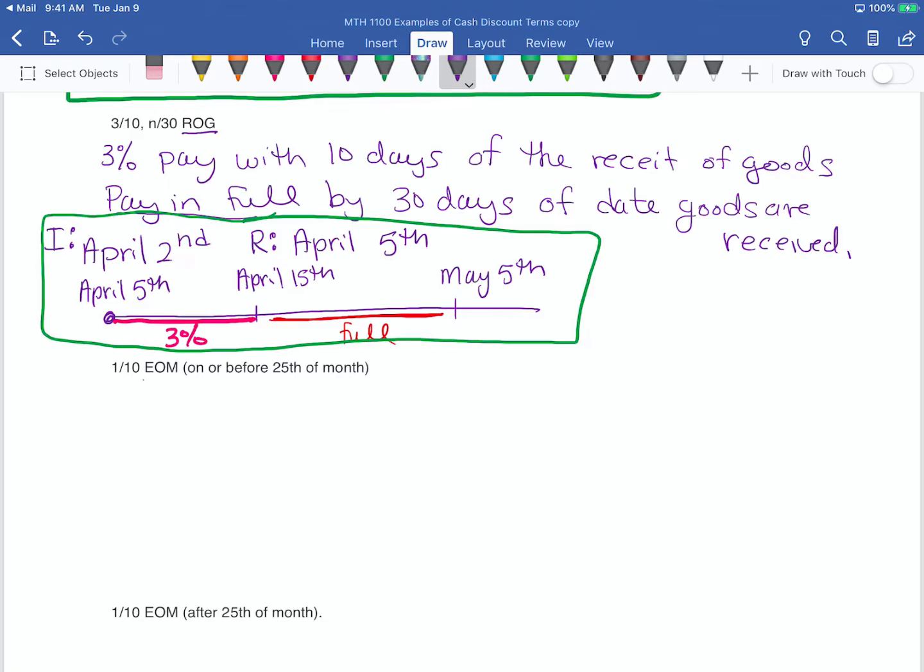Now, if we see EOM, this is a whole different set of rules. EOM stands for end of month rules. And what that means is that if I see that I get a 1% discount in this example, that means if the invoice date is on or before the 25th of the month, so let's say the invoice date says April 3rd.